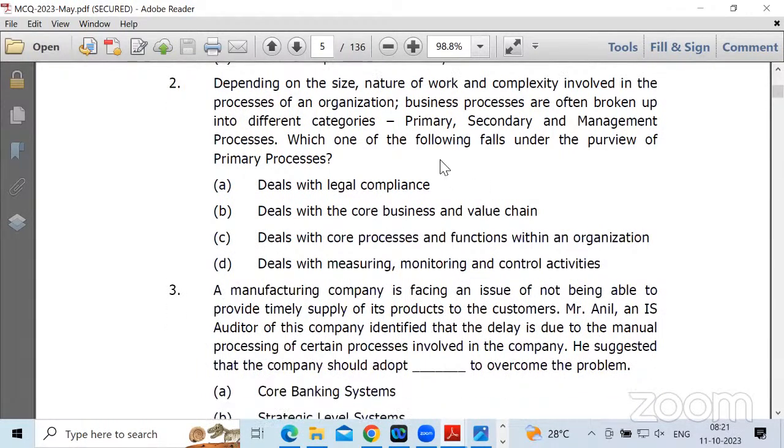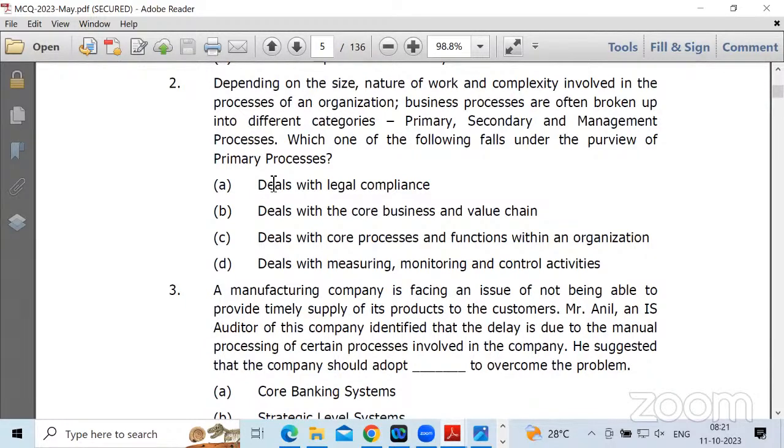Depending on the size, nature, work and complexity involved in the process of the organization, business processes are often broken up into different categories, namely primary, secondary, and management process. Which of the following falls under the purview of the primary process? What is primary, what is secondary, and what is tertiary? Primary means basic functions.